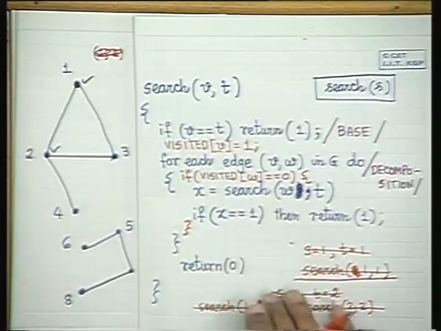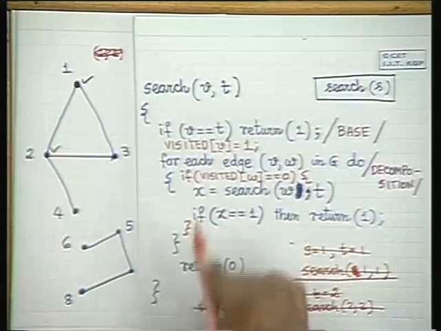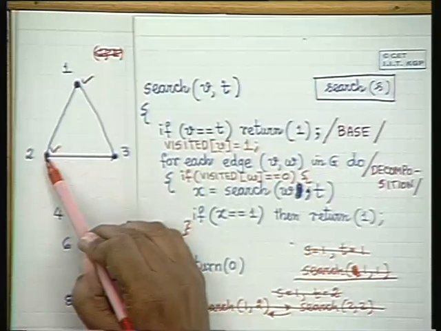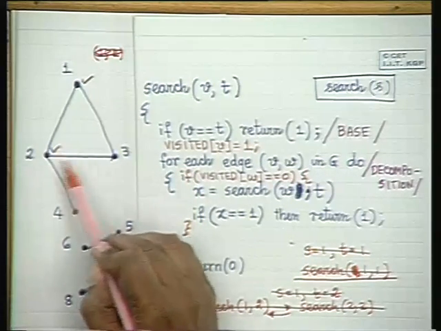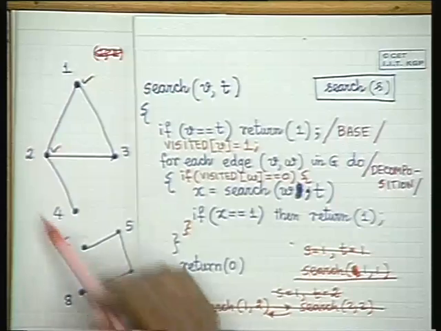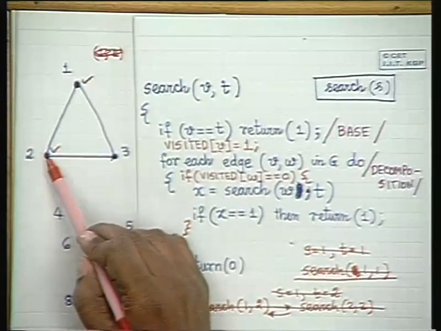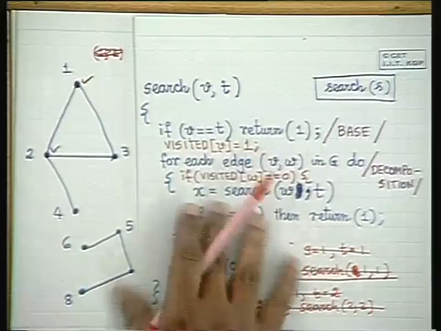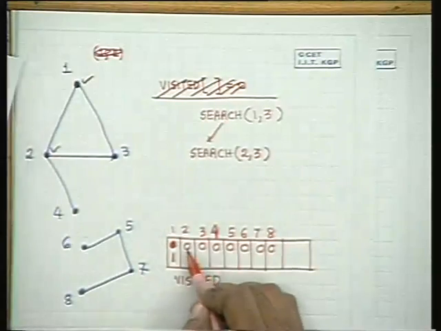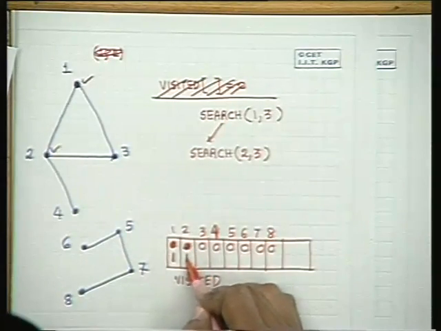Now in 2, 3 what do I do? I come here. Again I see is v equal to t, 2 equal to 3? No. Then I make visited 2 equal to 1.